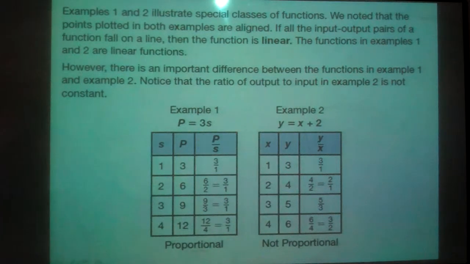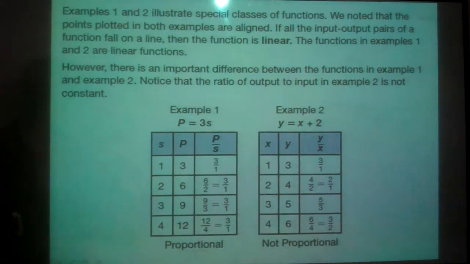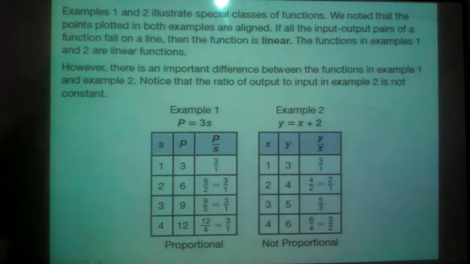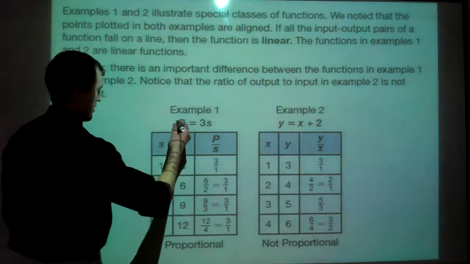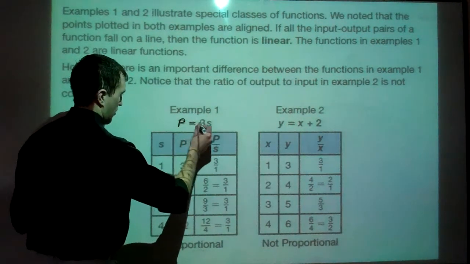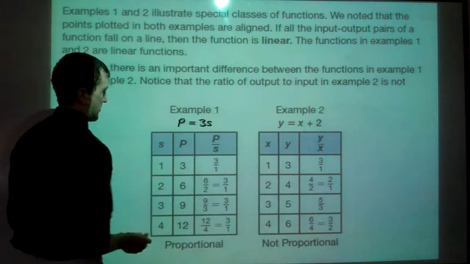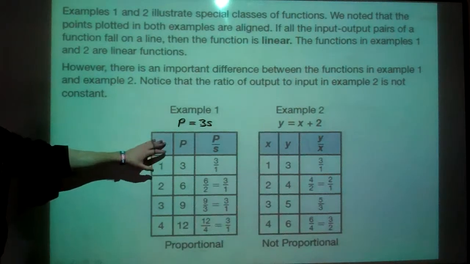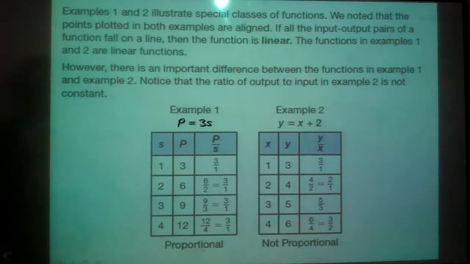But the big thing now that we want to talk about is what do those proportions look like as equations and as graphs. So here we have an equation, P equals 3 times S. Now this equation actually is the perimeter of an equilateral triangle.